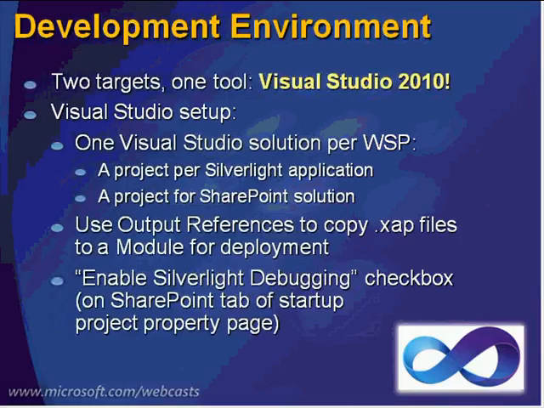And then you're going to have a project for each Silverlight application, a project for the SharePoint solution, one or more, and use output references to copy the XAP files up into SharePoint. And I'll show you exactly how to do that. XAP, if you're not familiar, is the executable that Silverlight actually uses. So the Silverlight application is packaged inside of a XAP file. And then there's a little Enable Silverlight Debugging checkbox, which I'll also show you, that you need to turn on in order to debug on the Silverlight side.